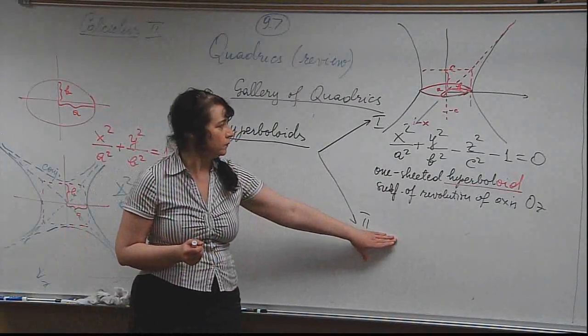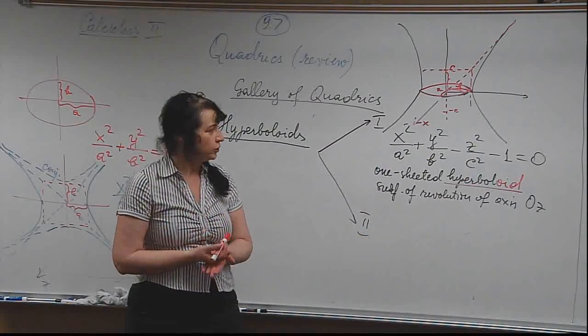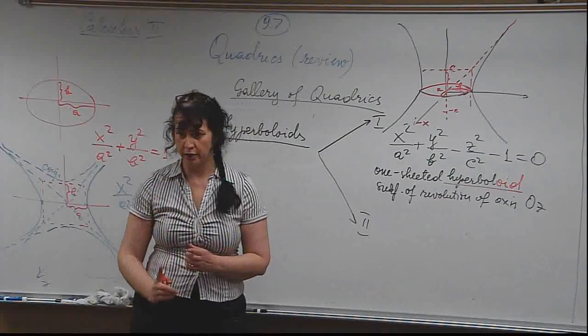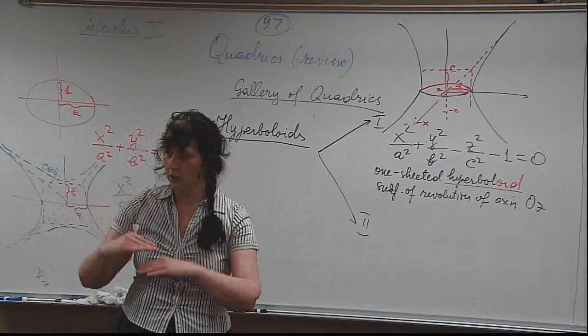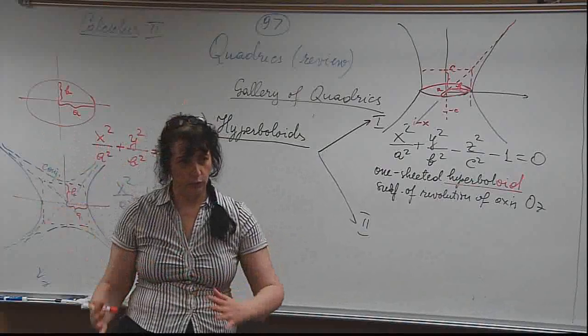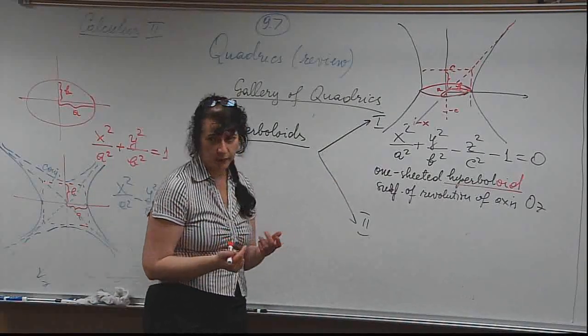Number 2, how do I write the 2-sheeted hyperboloid if I wanted it to have the same axis of symmetry? It should be a surface of revolution consisting of 2 parts, they are disconnected, right? You have 2 sheets, 2 connected components.